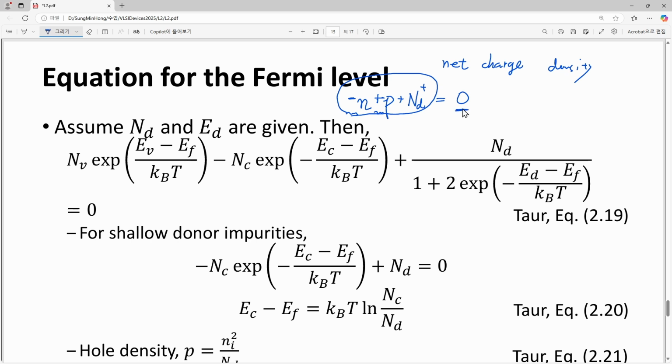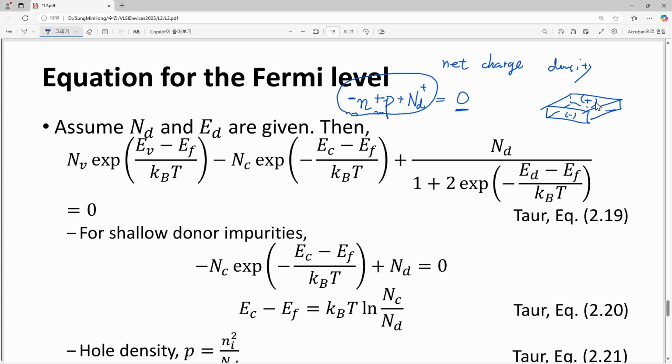If they don't vanish, what will happen? Then we must consider this doped silicon to be, for example, positively charged or negatively charged.